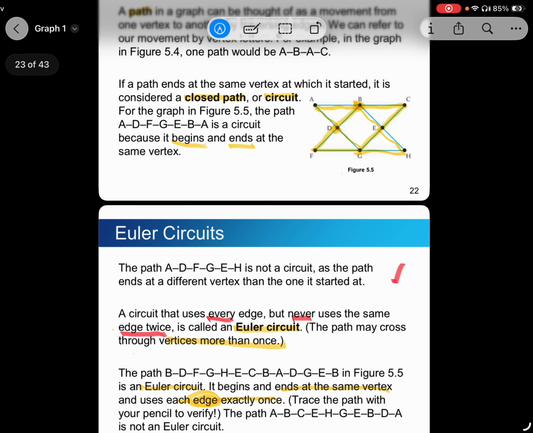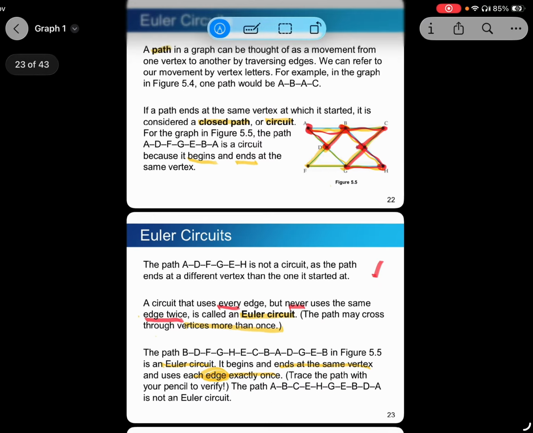Now let us trace the path with our pencil or another color. The path A, B, C, E, H, G, E, B, D, and then A is not an Euler circuit. Why?